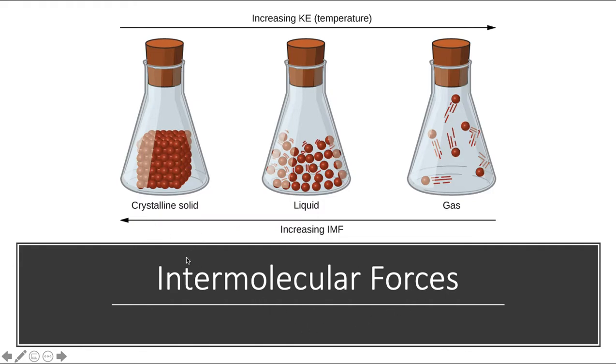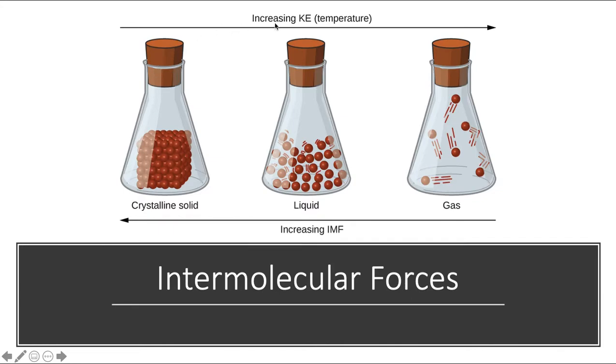Now we observe something interesting about intermolecular forces. Let's start with a solid. In the solid, intermolecular forces are very strong, and we know this, the solid molecules are really close to each other, and therefore the interaction between molecules is very strong.